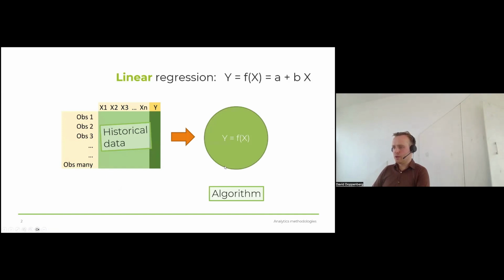So again, we have linear regression, which means that we're going to fit a linear model on our data, and a linear model in this case means, let's say in 2 dimensions, a straight line through your data points. Of course, when you introduce multiple variables or features, it's still a straight line, but in multiple dimensions.